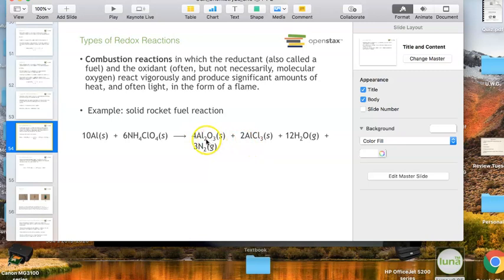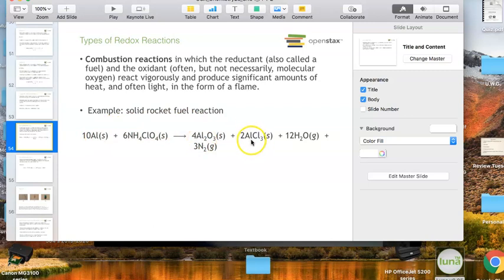For aluminum here, oxygen is -2, and -2 times 3 is -6. And so aluminum has to be +6 divided by 2, because there are 2 atoms there. So aluminum has to be +3 in this case. So aluminum went from an oxidation number of 0 to +3, and so in that case, it is being oxidized.